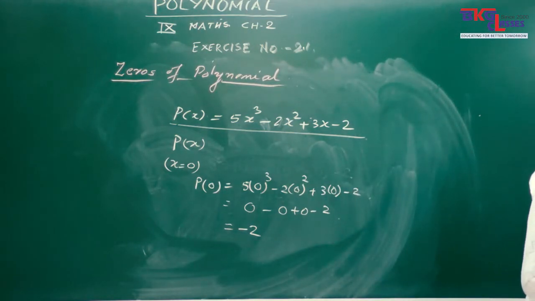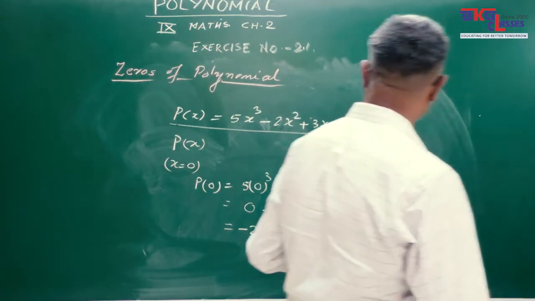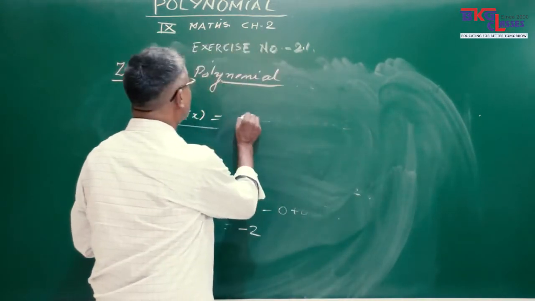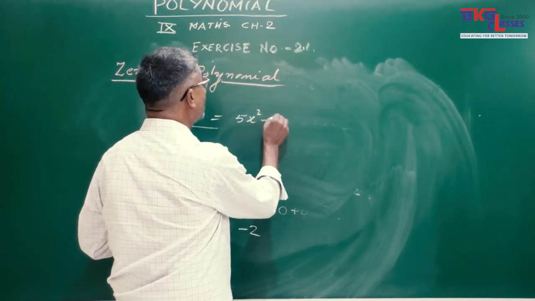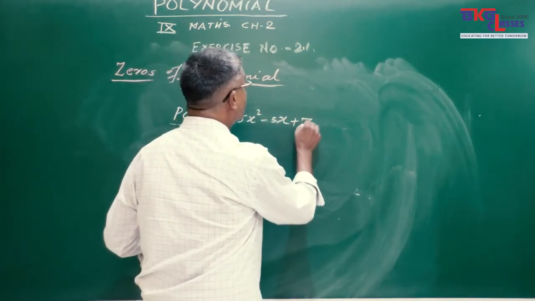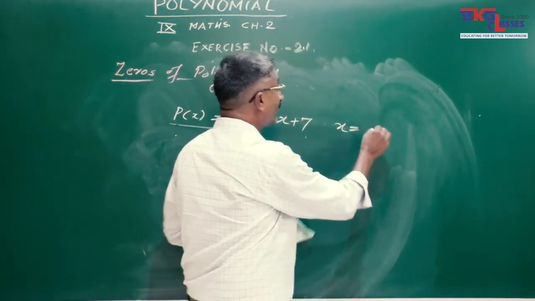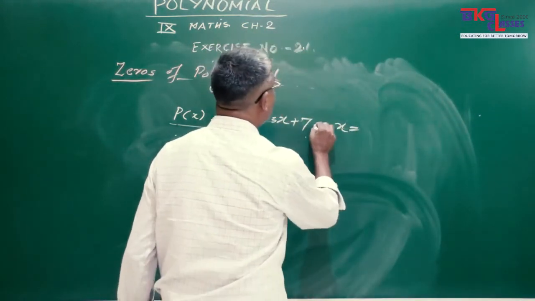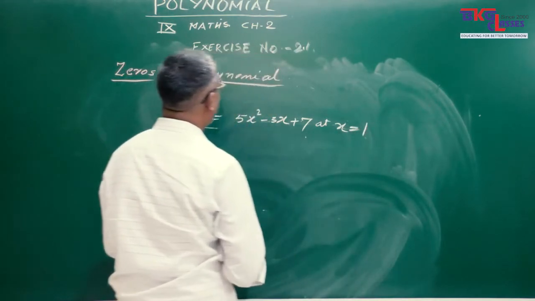Here few examples, few problems are given, we will solve one by one. p(x) = 5x² − 3x + 7. Substitute x = 1.